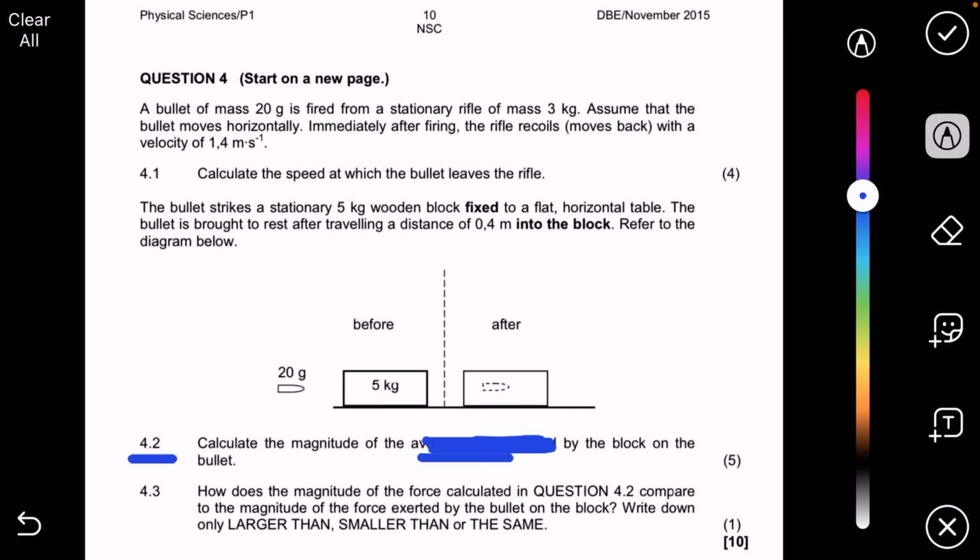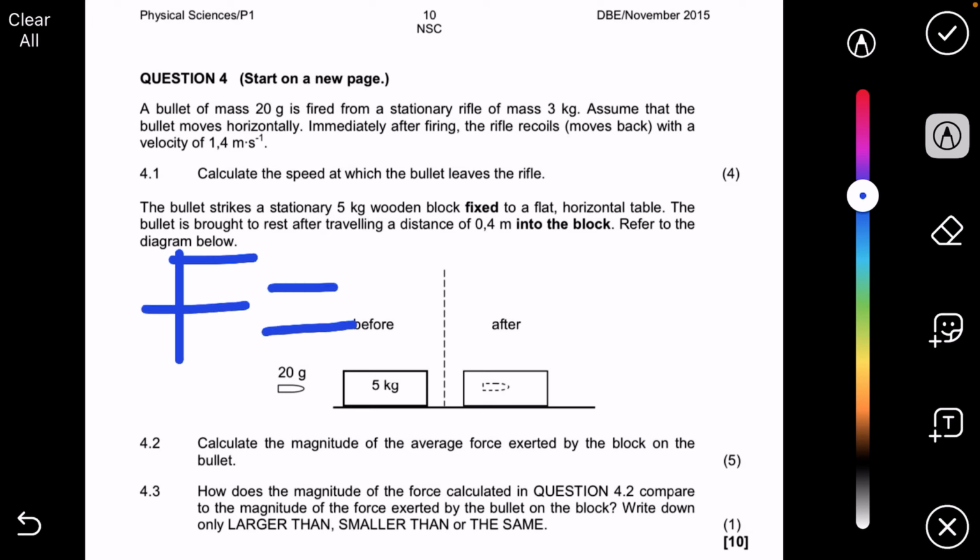It doesn't make complete sense in terms of what the question wants you to calculate. So the cream of the question is that average force. So give us F, which is equal to whatever, in newtons. Massively important.